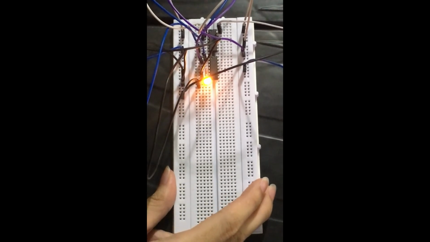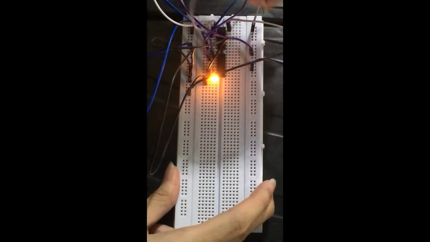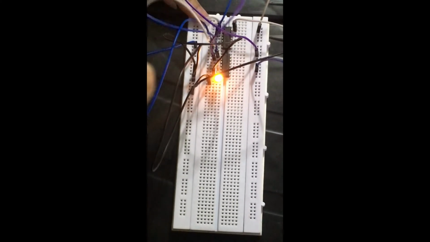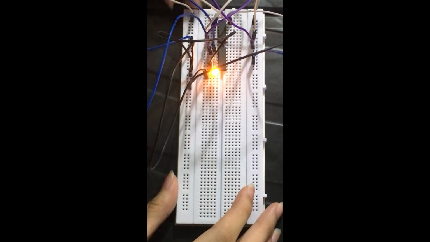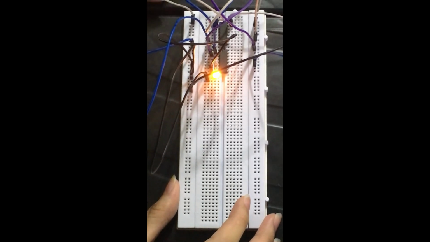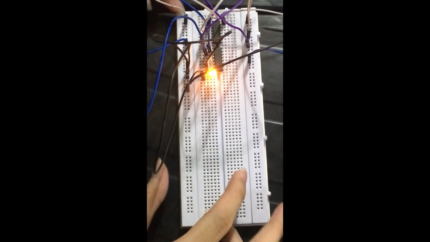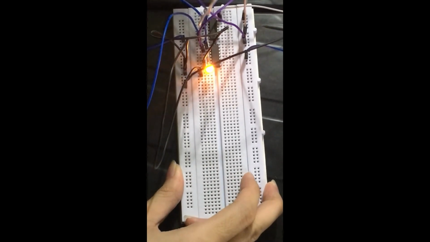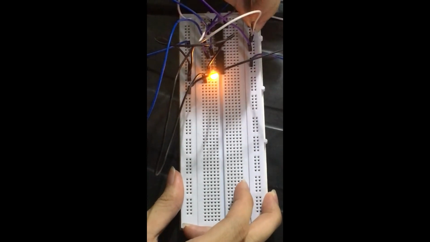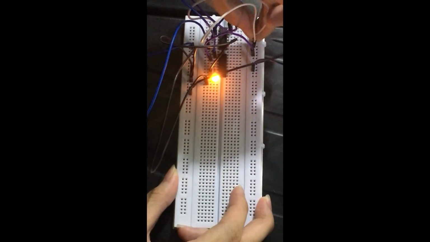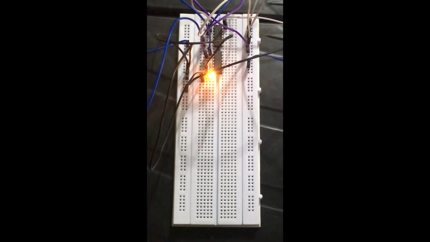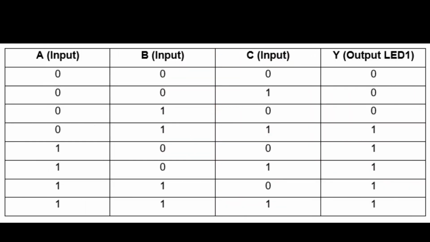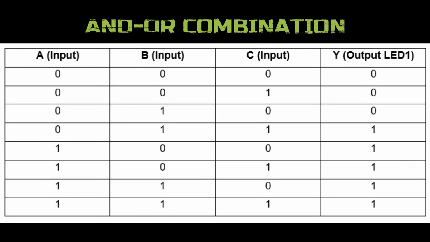In inputs 1, 0, and 1, the output will be on. In inputs 1, 1, and 0, the output will be on. The output is also on when all of the inputs are in logic 1. And here are the results.